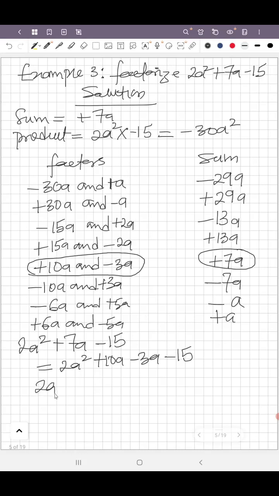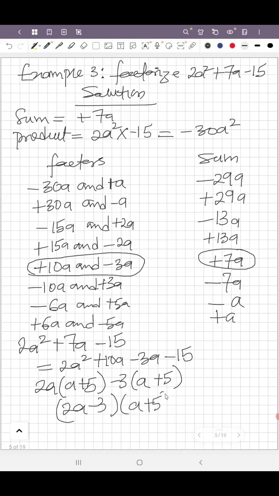We have 2a common here: 2a times (a plus 5). Also minus 3 is common: minus 3 times (a plus 5). So that's why we have (2a minus 3) times (a plus 5). So this is how we factorize this expression.